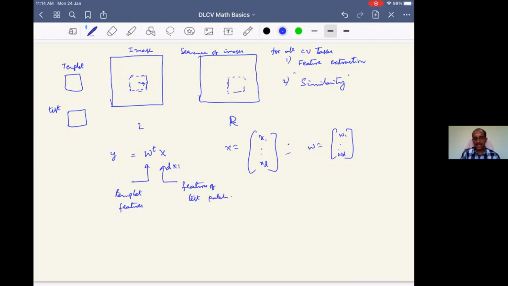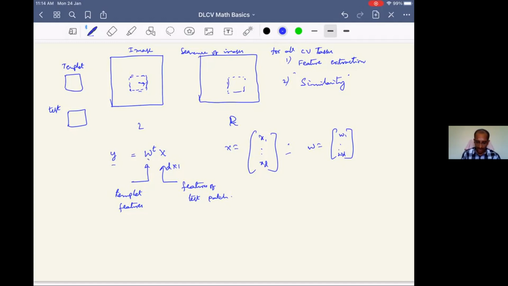If Y is high, the features match. If Y is not very high, they don't match. This is a kind of matching score for the W template versus the patch.